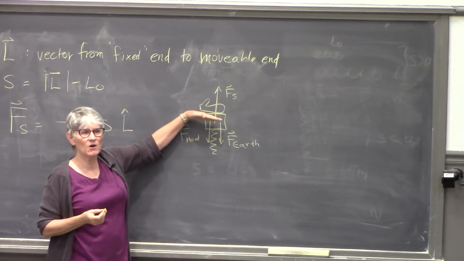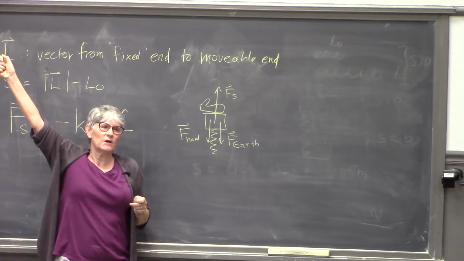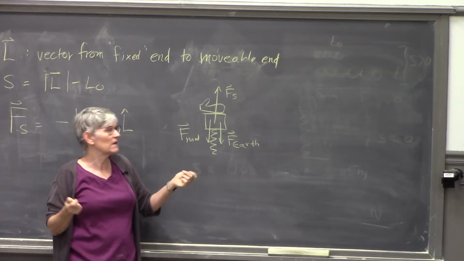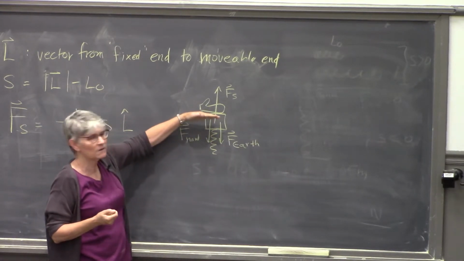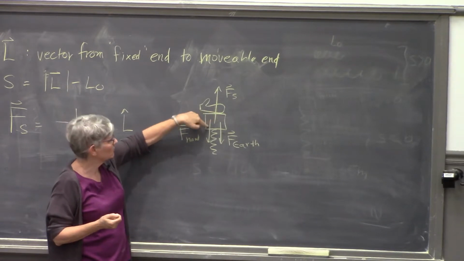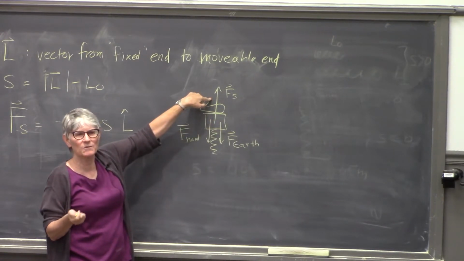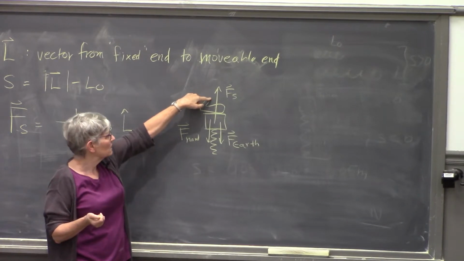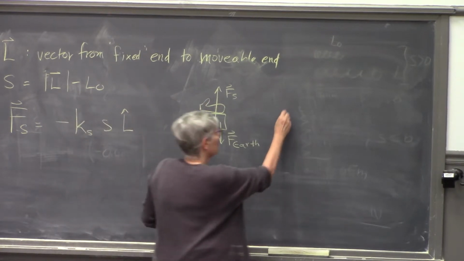If the block is motionless, we go back to the momentum principle and we say that the net force on the block must at this moment be 0. So these two downward forces have to add up to be equal to this upward force. It's motionless.